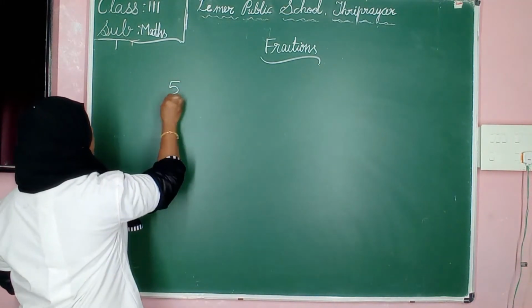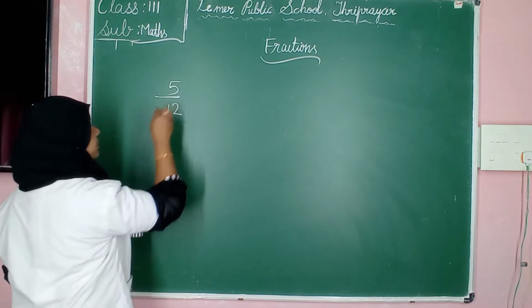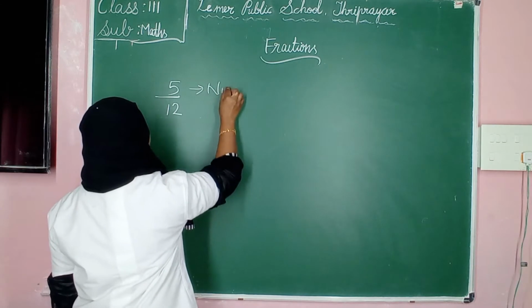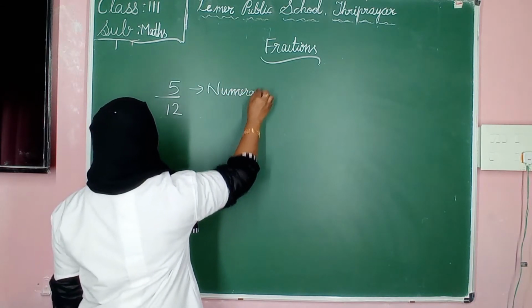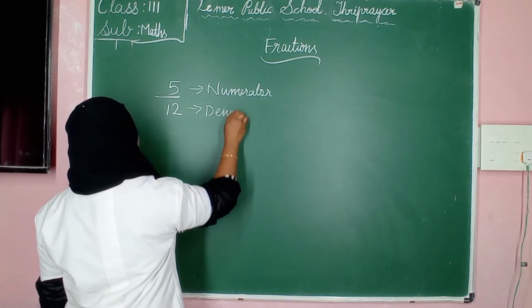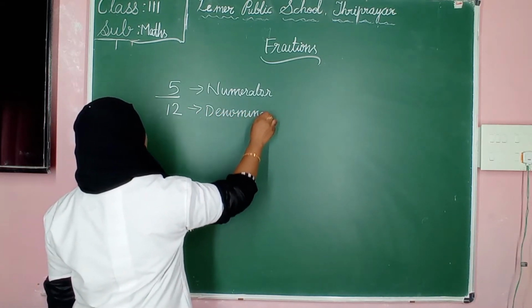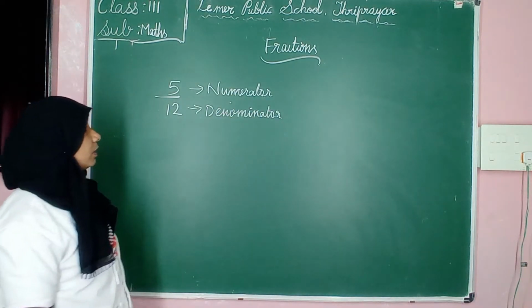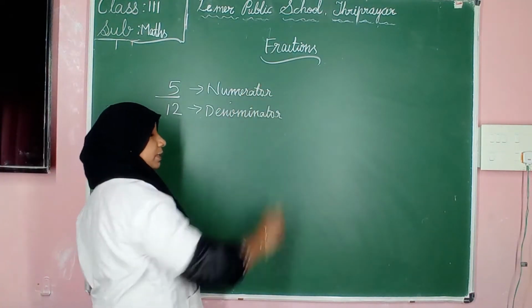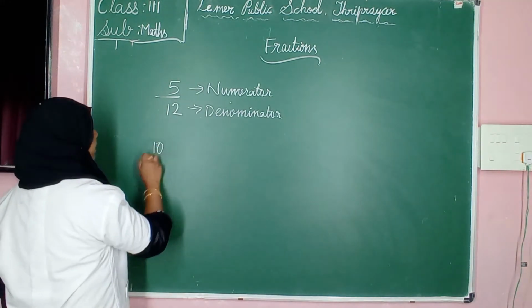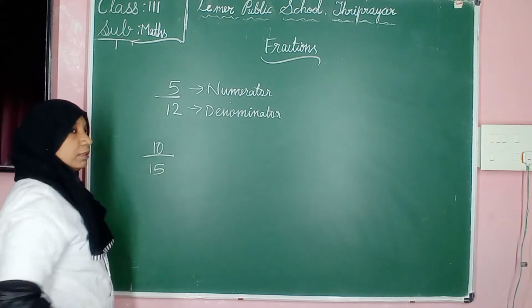So listen here, 5 by 12. 5 is called a numerator and 12 is called a denominator. Then 10 by 15.